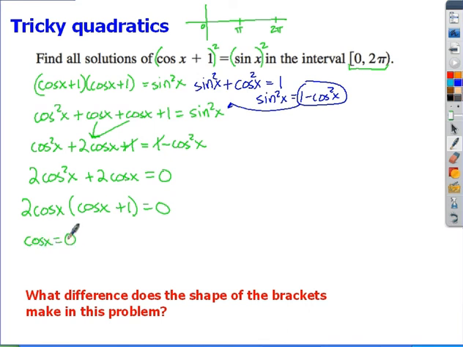I could write it like that, but I'm not going to write it that way because I know that I can just divide both sides by 2, so I don't have to worry about that 2. So there it is. So that's one equation, and the other one is over here, and we have cosine x plus 1 might also be 0, which means cosine x might be negative 1. So we basically have two equations.